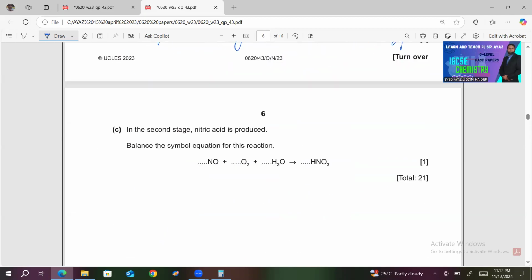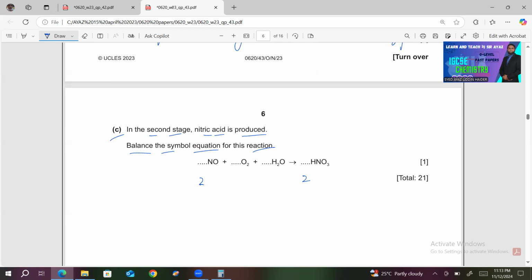Part C. In the second stage, nitric acid is produced. Balance the symbol equation for this reaction. This reaction is between NO2 and H2O to produce HNO3. So if I take 2 moles of NO2, then I have to place 2 before HNO3.